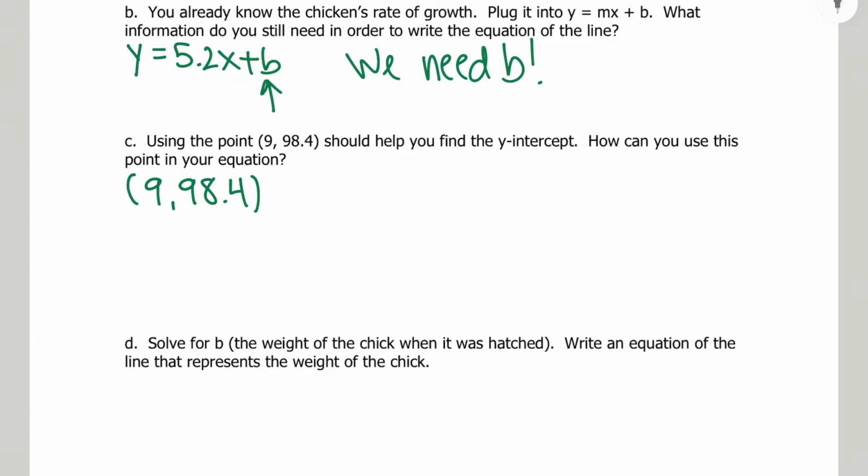The way we can do that is we know that this is x and this is y, which could be used here and here. And then we can plug those in, and once we plug them in, all we have left is one variable, b, and we can solve for that.